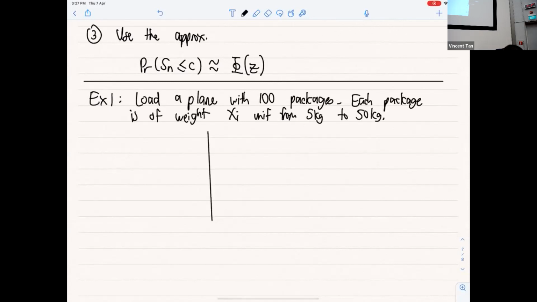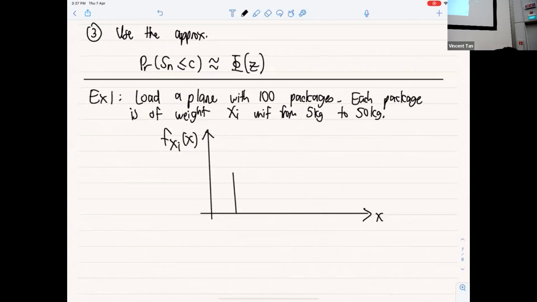Okay, so here's the picture. So we have this particular PDF of each random variable xi, and it's uniform from 5 kg to 50 kg.